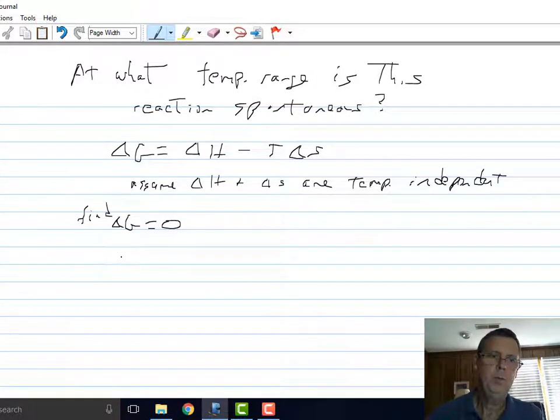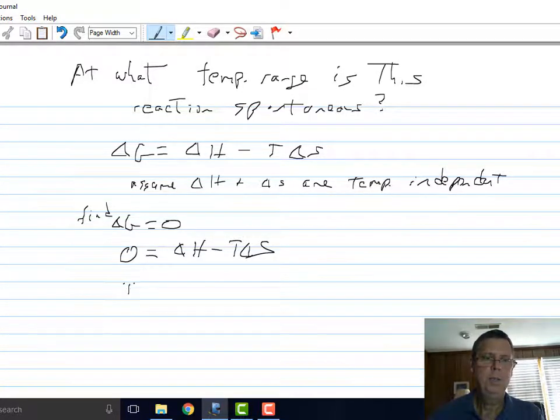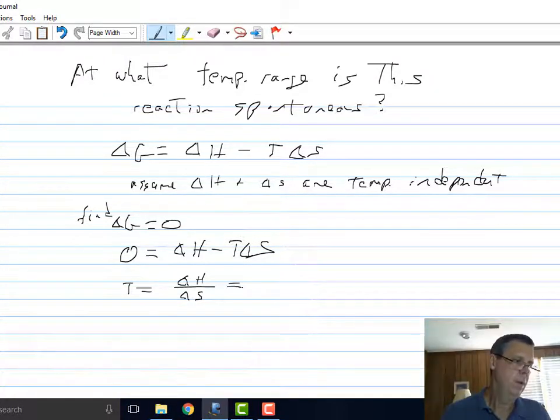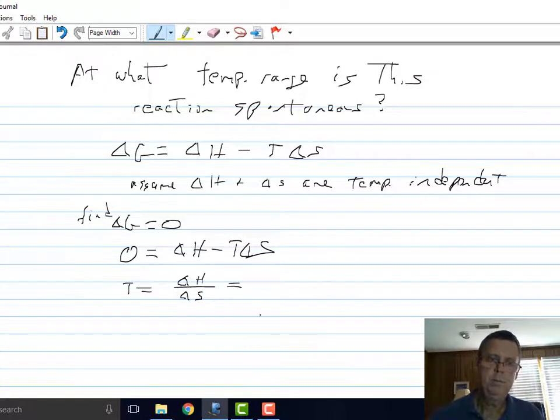So therefore we get 0 equals delta H minus T delta S, which means that if you rearrange this, you may want to pause and check your algebra. T, of course, is going to be delta H over delta S. And the delta H that we calculated, let me redo that because my computer crashed. And I get 3.9 kilojoules per mole.